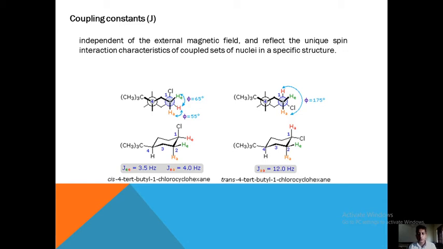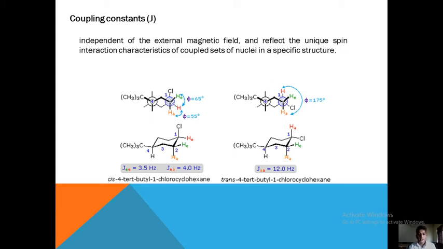This conformational mobility may be restricted by incorporating the carbon atom in a rigid ring, and in this way the influence of the dihedral orientation of the coupled hydrogens may be studied.